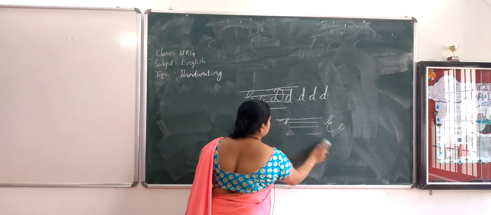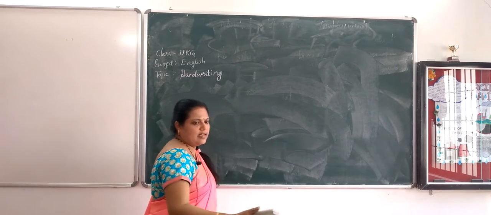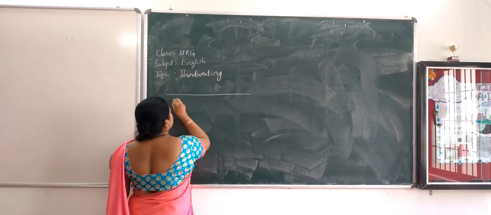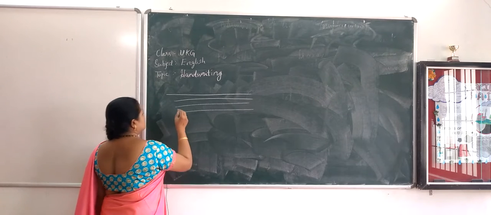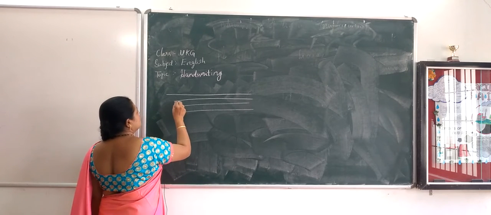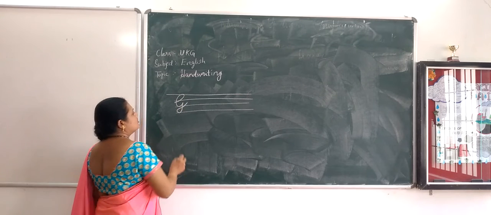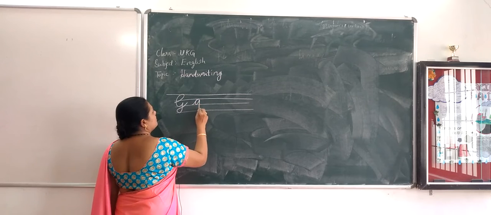Okay? Okay. We shall see the next letters. See now. Okay. What is the next one? G. See, this is capital G, small g.